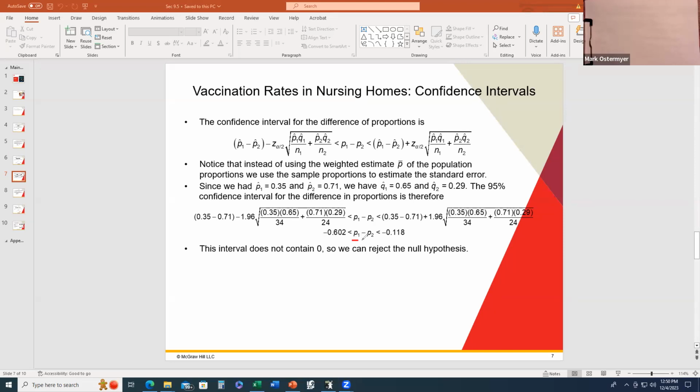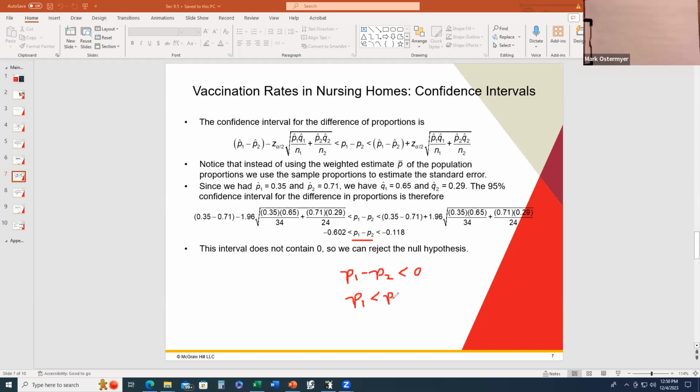Specifically, since we did P1 minus P2 order of subtraction and we get negative endpoints, that would have us believing that P1 minus P2 is negative, which has us further believing that P1 would be less than what?